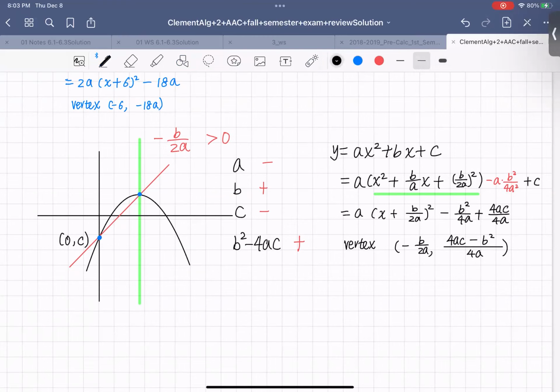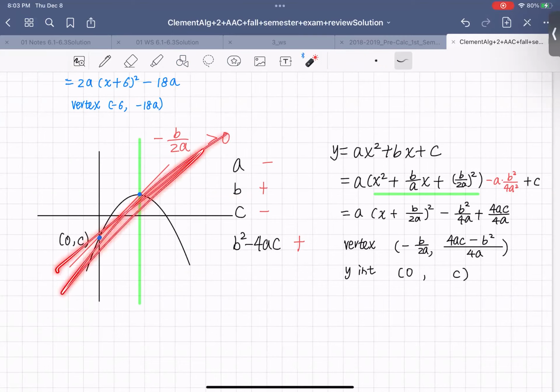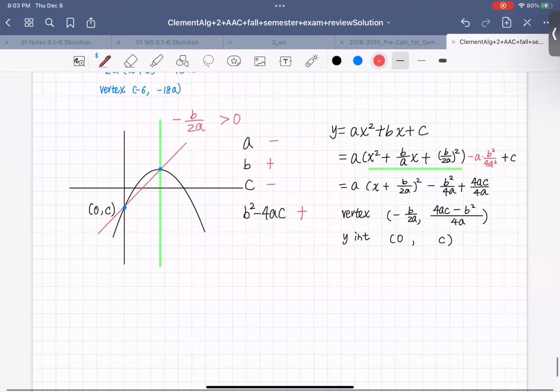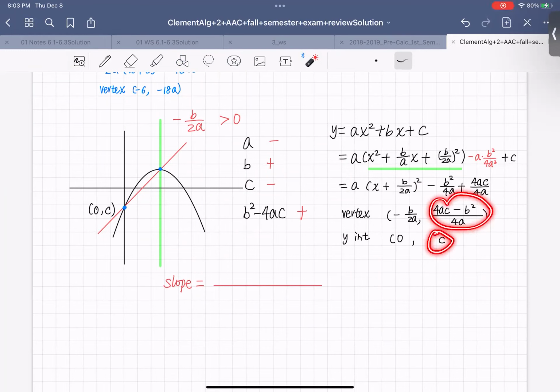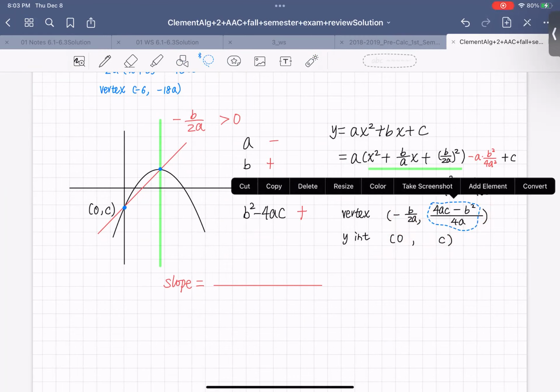The y-intercept is 0, c. So this line's slope equals y minus y over x minus x. Slope formula. So go ahead using this one.